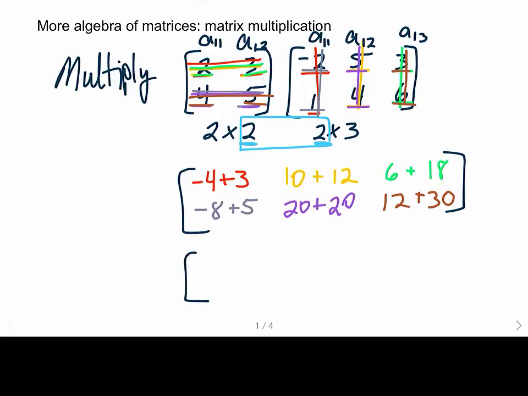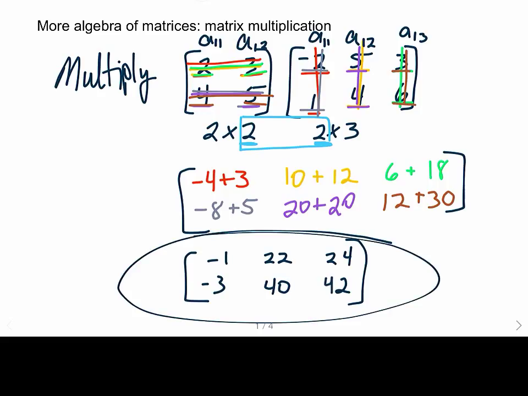For the A11, -4 plus 3 is -1. 10 plus 12, 22. 6 plus 18, 24. -8 plus 5, -3. 20 plus 20, 40. And then 12 plus 30, 42.